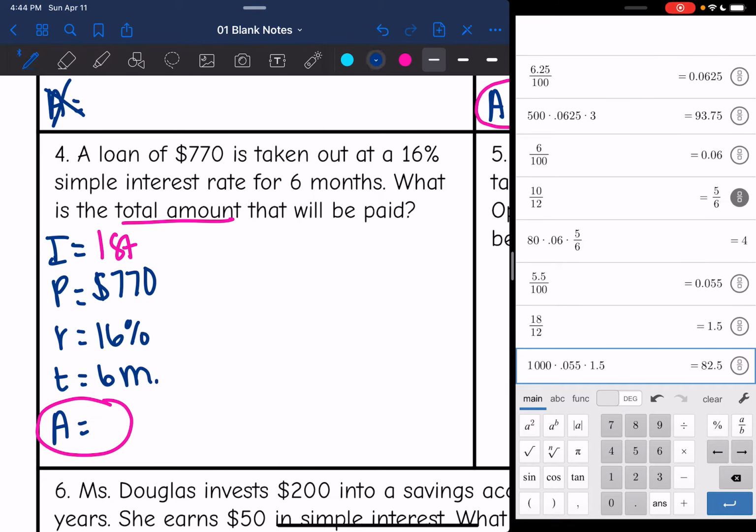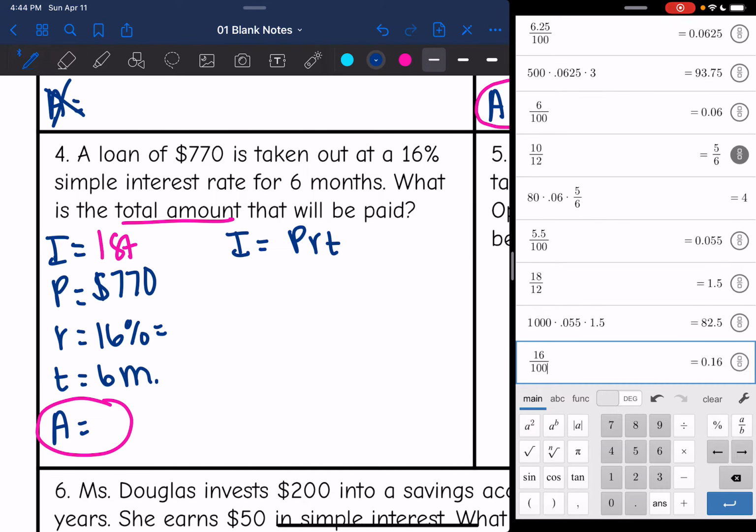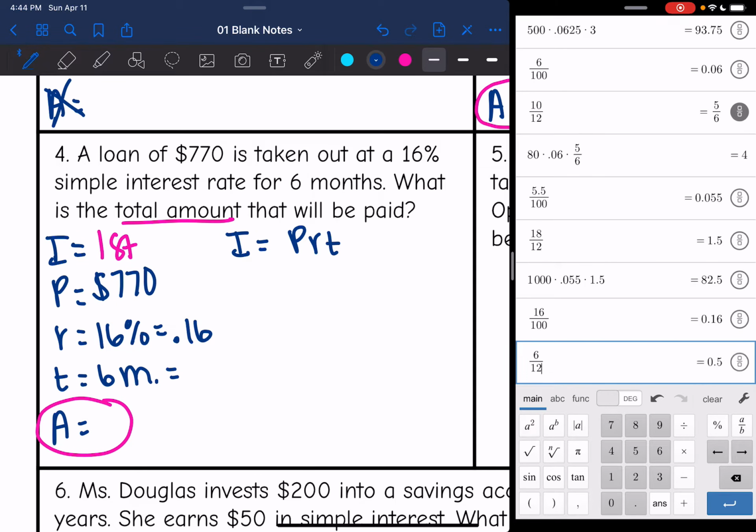So the first thing we will do is I equals PRT. Let's do some converting before we plug in. So 16% is 0.16, and 6 months is 0.5.